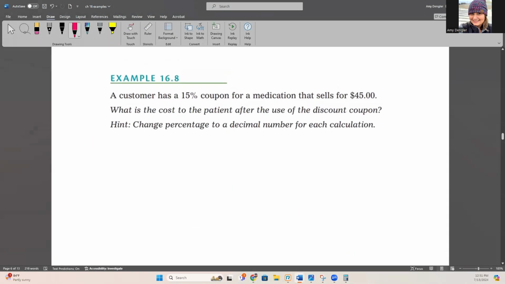Example 16.8, a customer has a 15% coupon for a medication that sells for $45. What is the cost to the patient after the use of the discount coupon? And there's a hint, change the percentage to a decimal number for each calculation. So we're taking that 15%, we're going to turn it into a decimal by placing the 15 over 100.